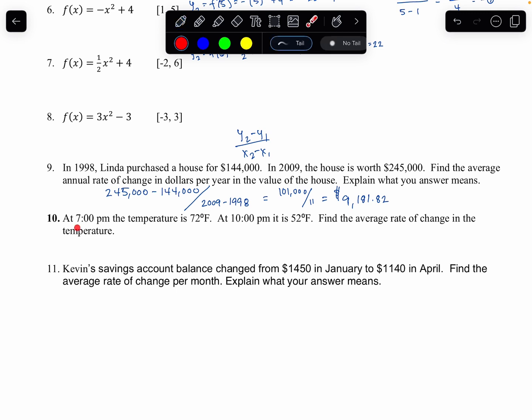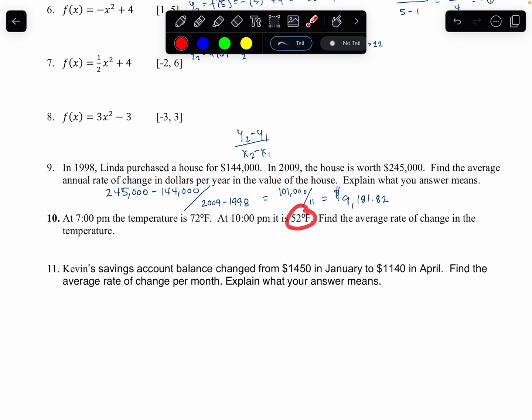So 7 p.m. The temperature was 72 degrees. And then 3 hours later at 10 p.m. it was 52. So I should expect a negative answer here. So we went from, this is the end of the interval, so 52 from 72 to 52. So that's a decrease in temperature.